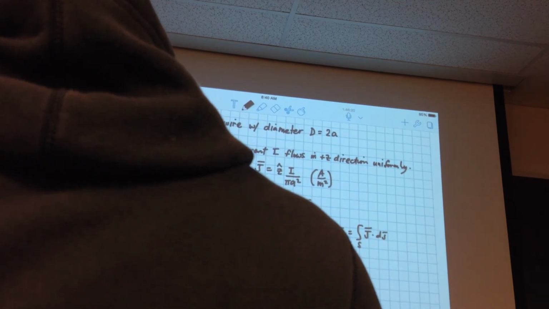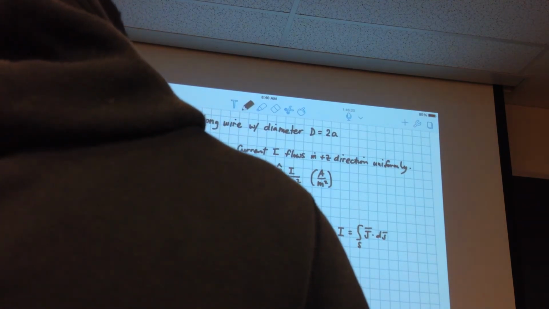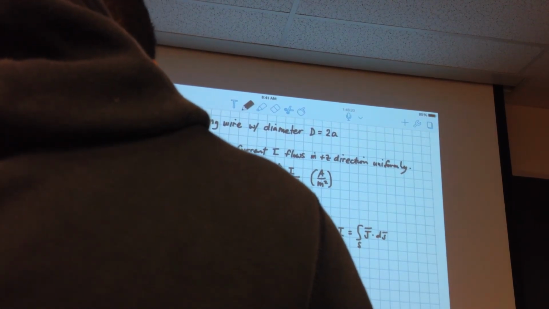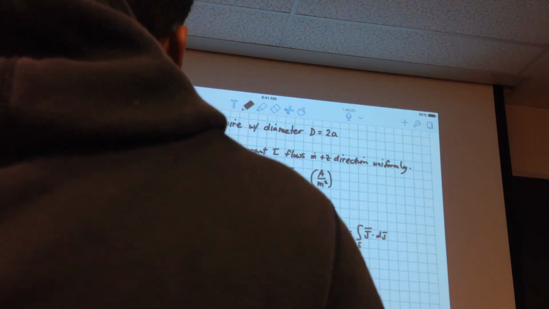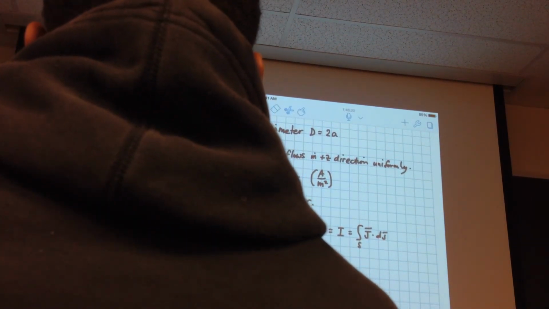So the tricky thing here is that even though the magnetic field is only depending on r, as the radius of our contour is changing, the amount of current inside of that contour is also changing.